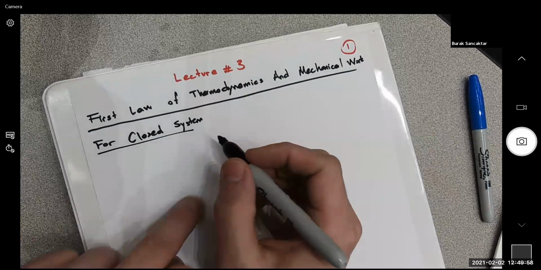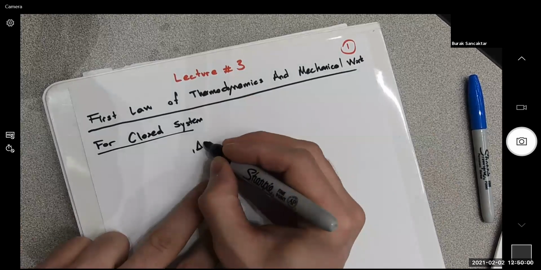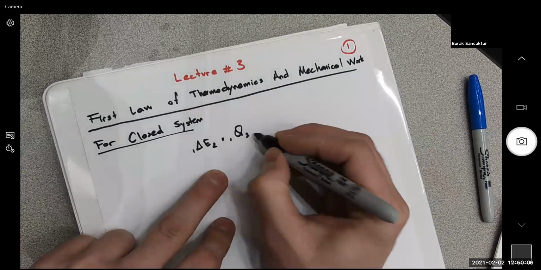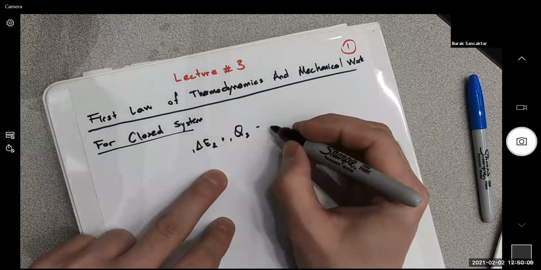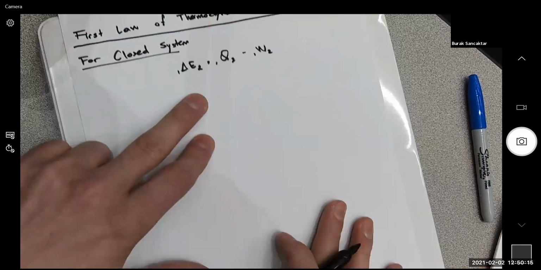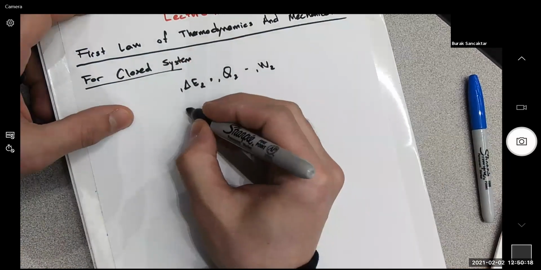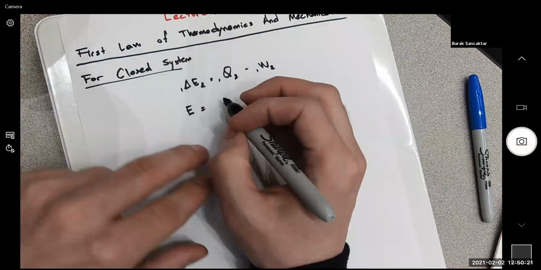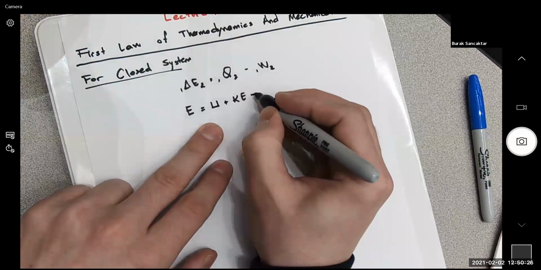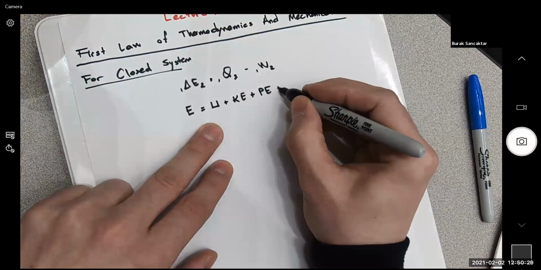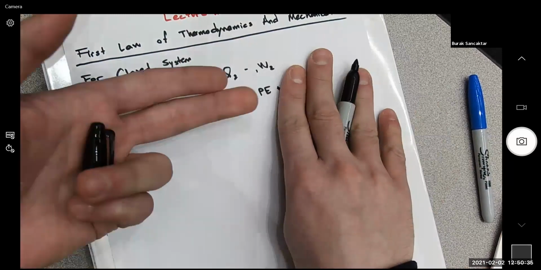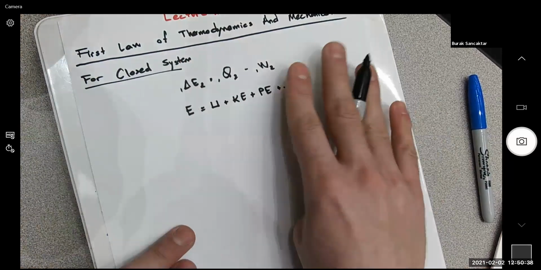As we defined in the previous lecture, the energy stored from state 1 to state 2 equals Q net from state 1 to state 2 minus work net from state 1 to state 2. And E, the stored energy, is internal energy plus kinetic energy plus potential energy and other forms of energy, but we don't consider those in thermodynamics at this level.